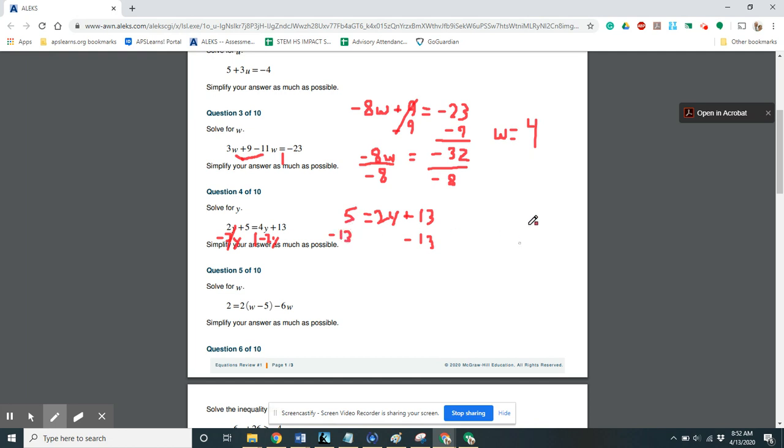Five minus 13 is negative 8. 13s will cancel. Divide both sides by 2 to get y by itself. And negative 8 divided by 2 is negative 4.